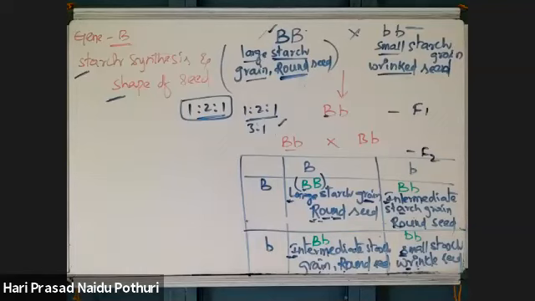Starch is synthesized effectively by capital B, capital B, and therefore large starch grains and round seeds are produced.